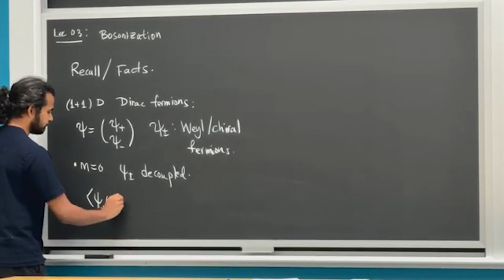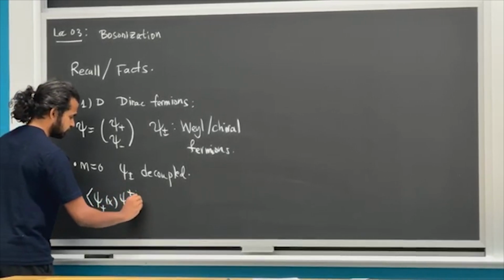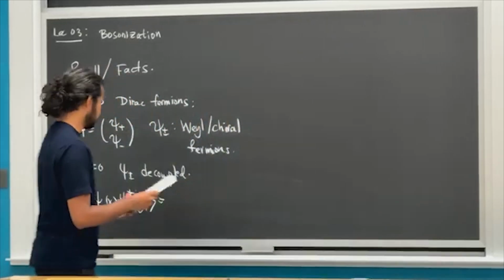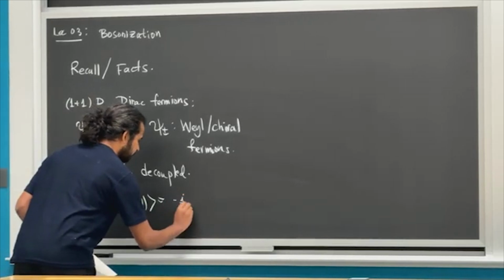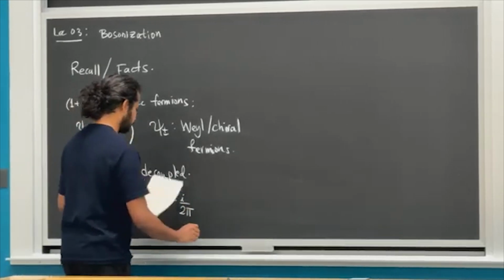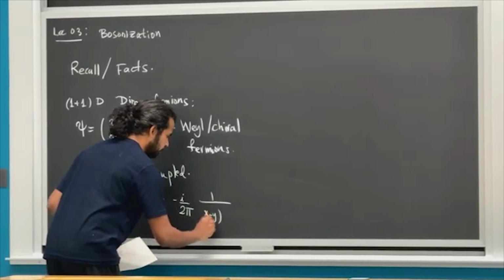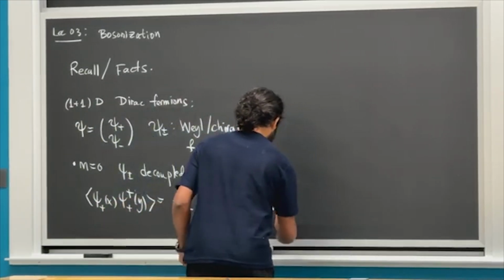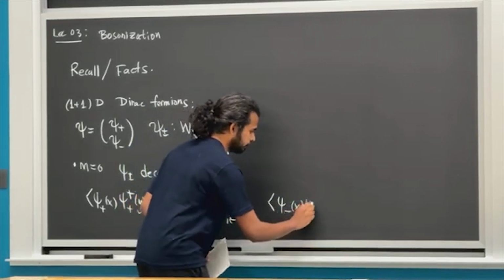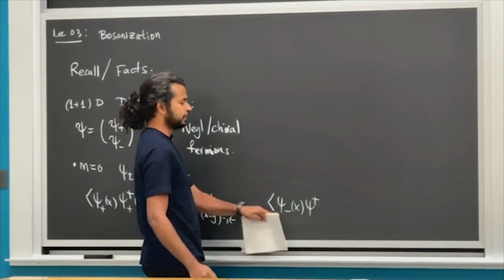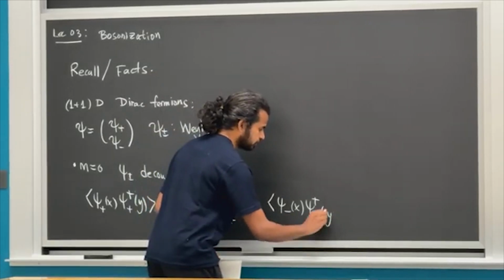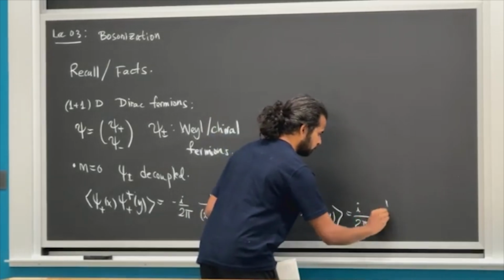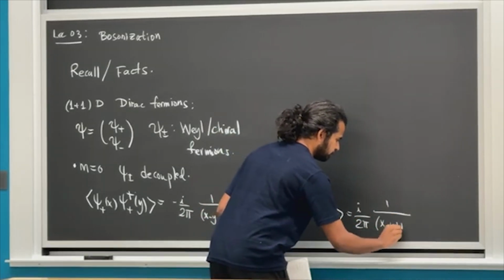correlation functions like this: the psi plus correlator at x and y was equal to minus i by 2 pi, 1 by x minus y minus i epsilon, and something similar for the right moving fermions: 2 pi, 1 by x minus y plus i epsilon.